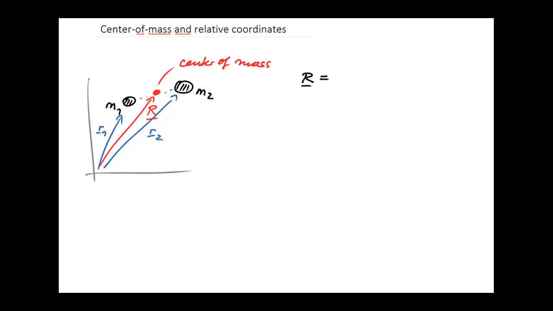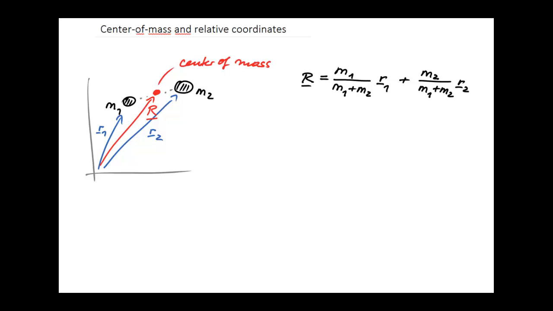It's the weighted average of the positions of the two bodies, and the weight of each body corresponds to its share in the total mass. So it's M1 over the total mass, M1 plus M2, times R1, plus M2 divided by the total mass times R2. That's the center of mass.